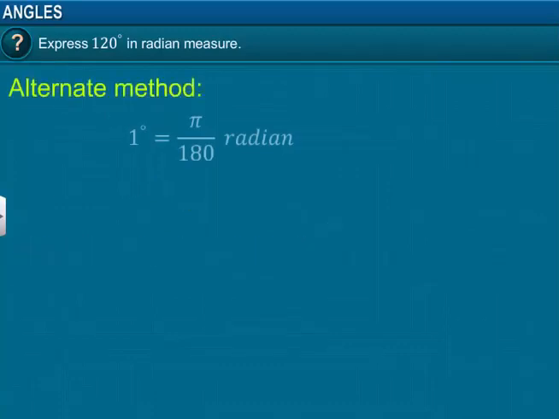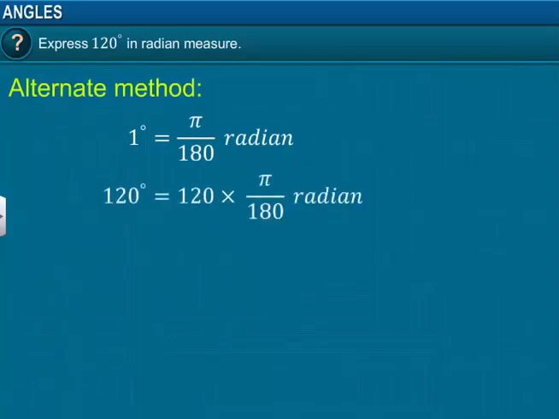Alternatively, to convert degrees into radian measure, we multiply the degree by pi upon 180. Observe that in both the cases, we get 2 pi divided by 3 radian.